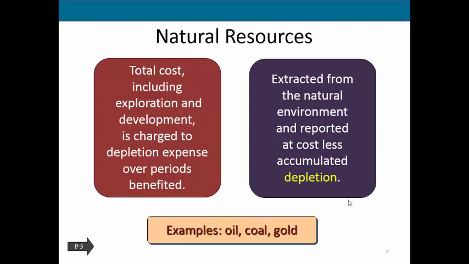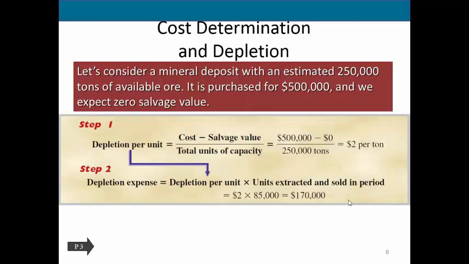And we have to show that when we purchase some type of natural resource, whether it's a coal mine or gold mine, or if it's a forest, we purchased it because it has that value to our specific company. And as we use that value up, we have to show that that is an expense. And we call that expense depletion when it's a natural resource.